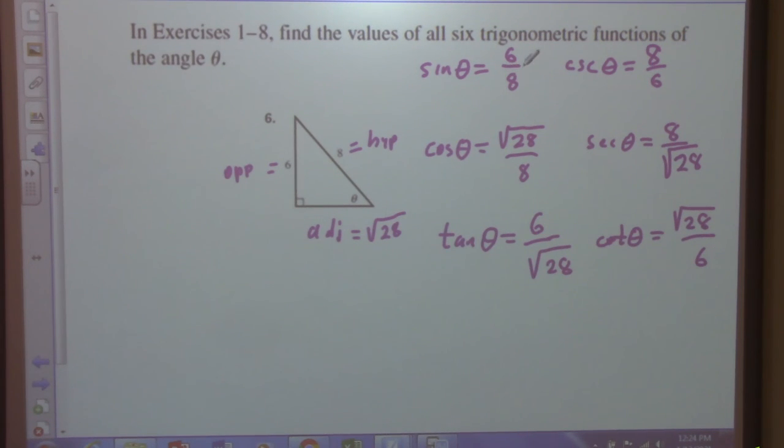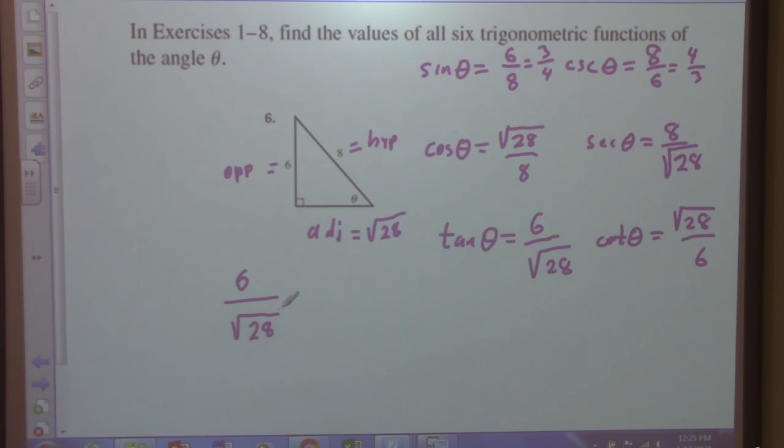One thing you'll see sometimes, and you can do it in this case, is you can simplify this 6 over 8 to be 3/4. And this could be 4/3. Another thing, we haven't talked about this yet, but sometimes it's a convention in math that they don't like to have a square root in the denominator.